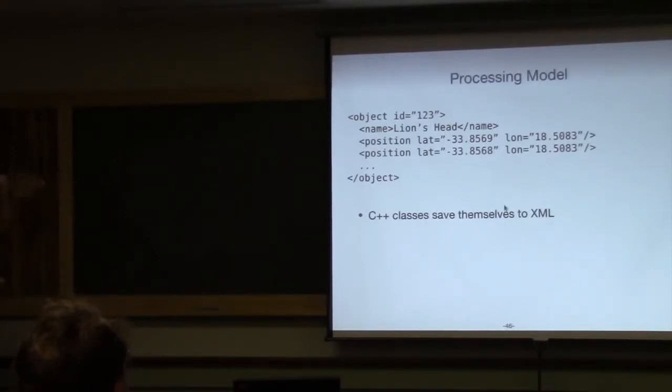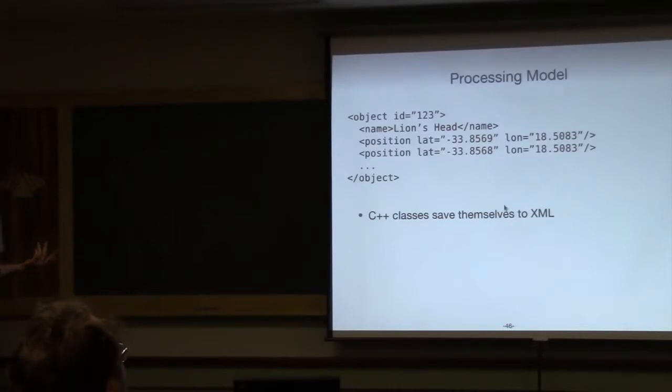Okay, so at one end of the spectrum we have C++ classes that know how to persist themselves in XML. Let's say we have this vocabulary which identifies the position of an object as a series of position samples.